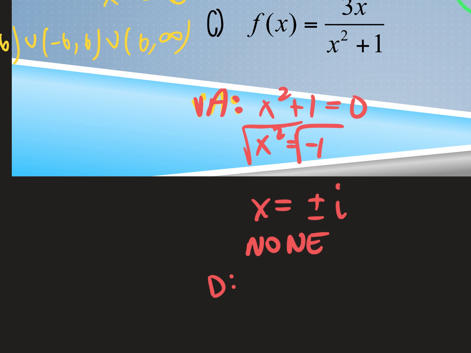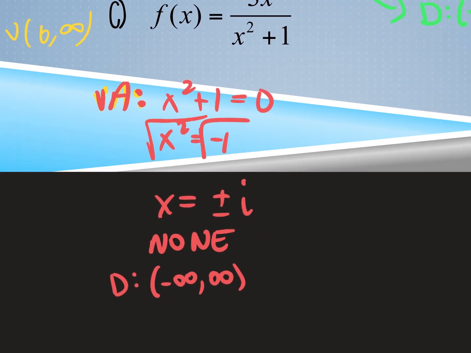Is that ever going to be 0? No. What happens if I plug in 0? 0 squared plus 1. Is that ever going to give me 0? No. So do I have any domain restrictions here? No. What would your domain be? Negative infinity to positive infinity. You don't have any domain restrictions because you're squaring the number.